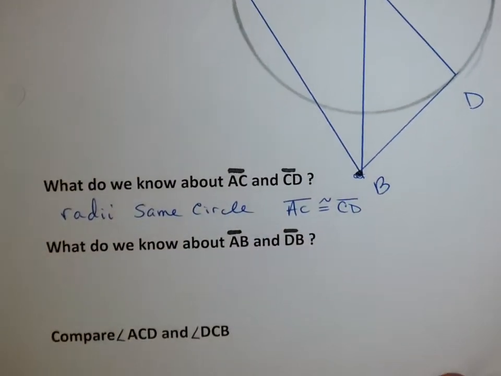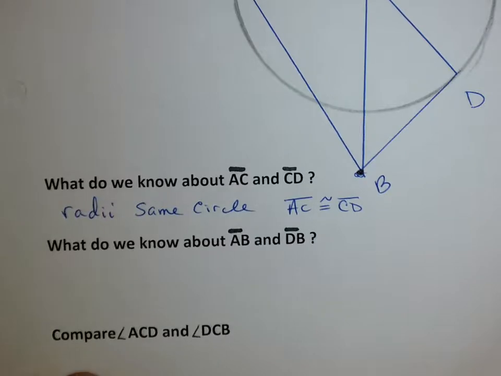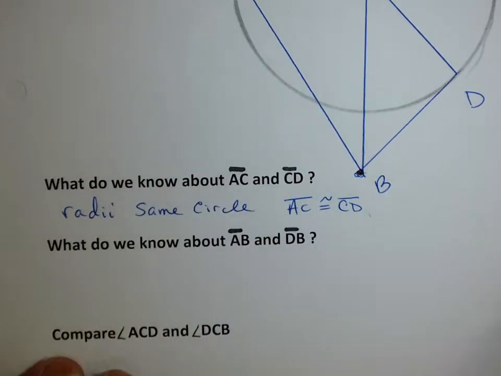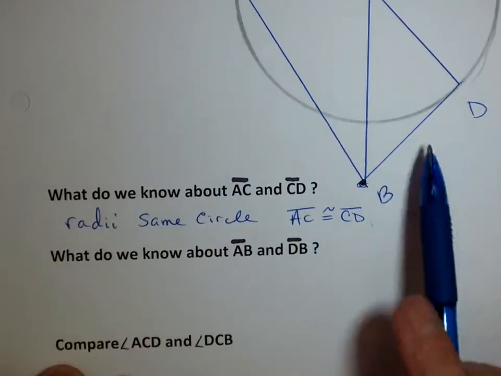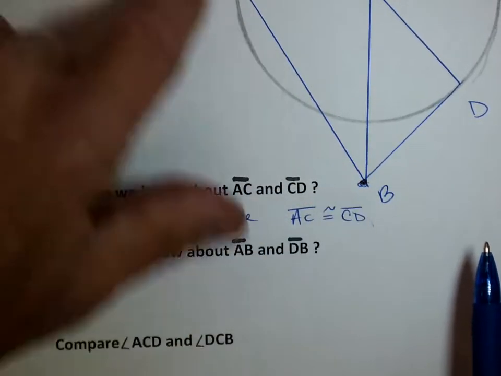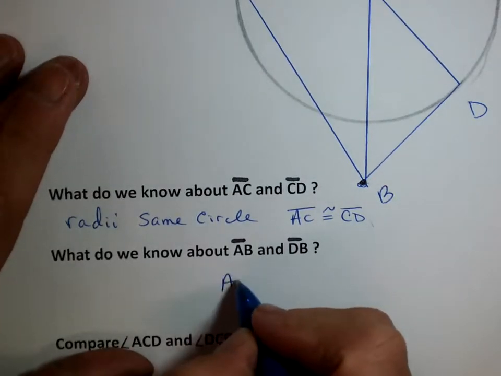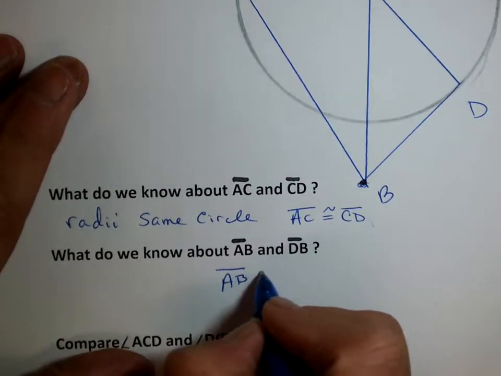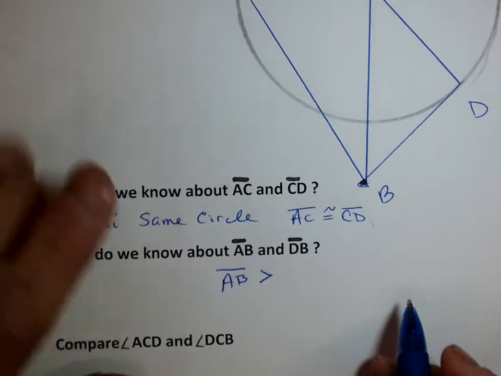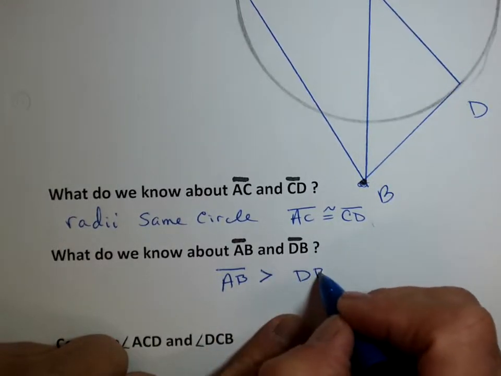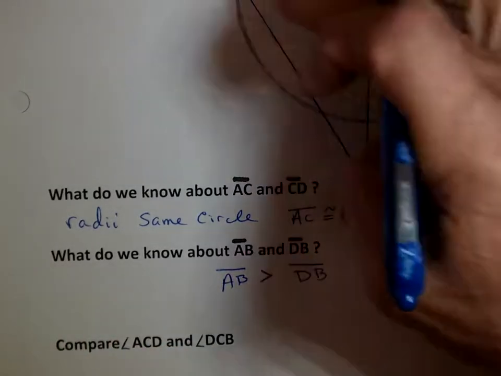I'm going to write that down for sure. What do you know about AB and DB? Well, sure looks like AB is bigger, doesn't it? So I'm going to say AB is greater than DB. Definitely looks like AB is bigger than DB.